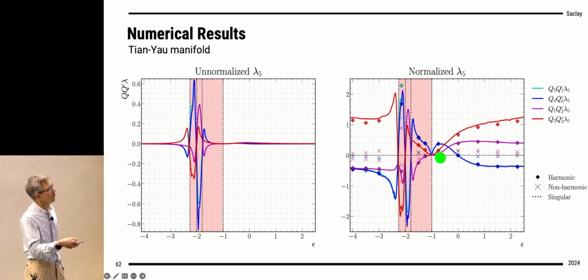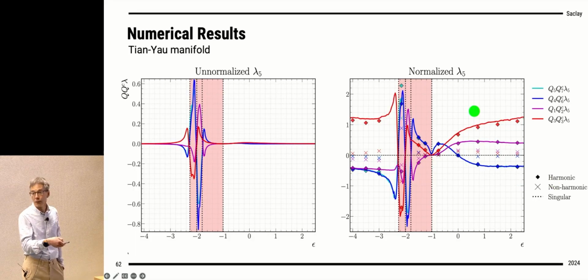But once you go away from the singularities, then on this side there's a hierarchy that existed and doesn't change much. Over here, certain couplings were larger and then become smaller and vice versa. And do you think this is generic? This would be generic?